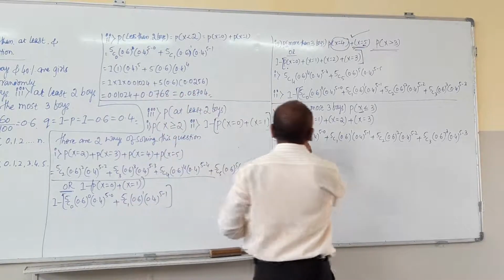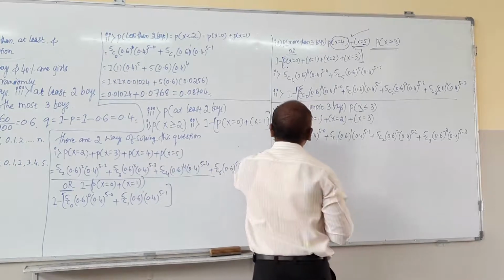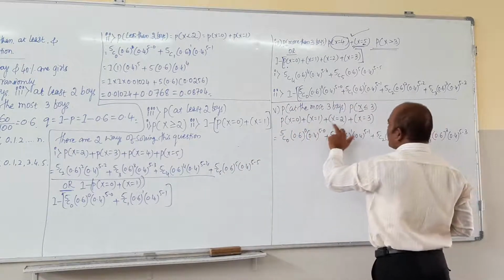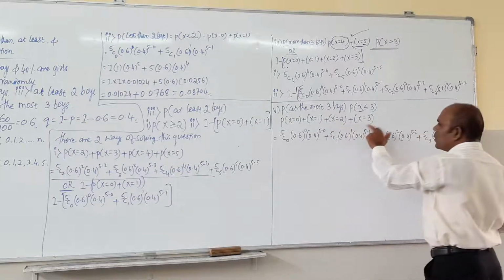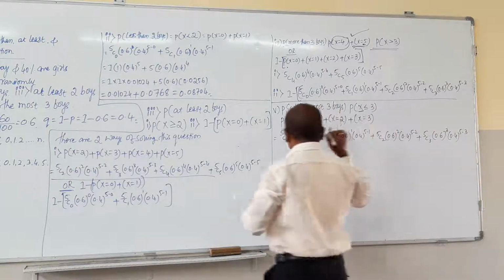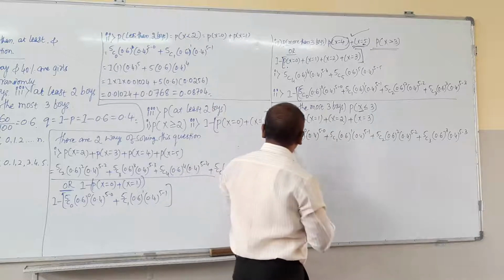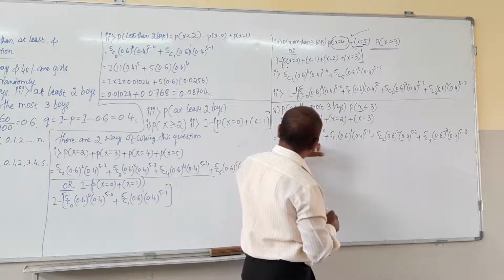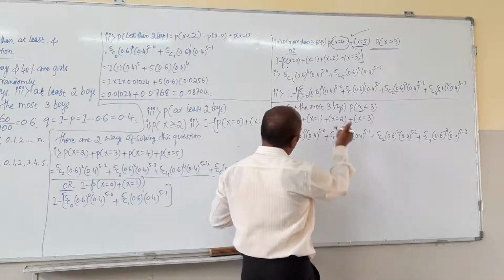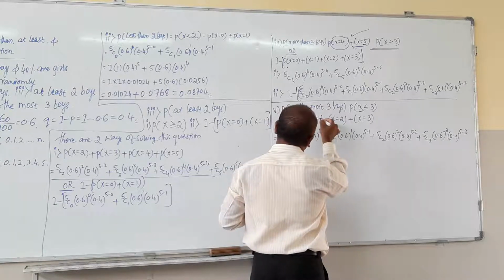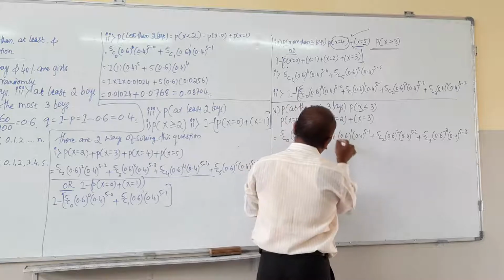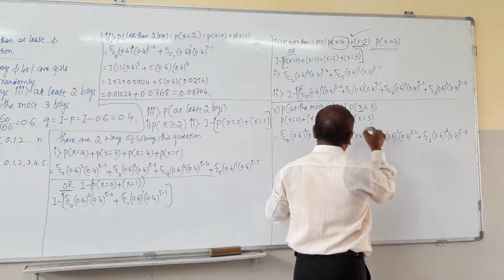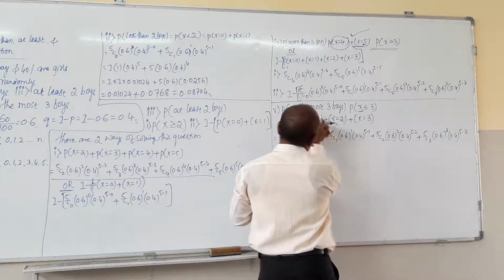So we apply the direct method. x equal to 0, plus x equal to 1, plus x equal to 2, plus x equal to 3. It means you have to put x values in the formula. So 5c0, 0.6 raised to 0, 0.4 raised to 5 minus 0, then put plus, x value should be taken as 1 now. 5c1, 0.6 raised to 1, then 0.4 raised to 5 minus 1. 1 is over now.